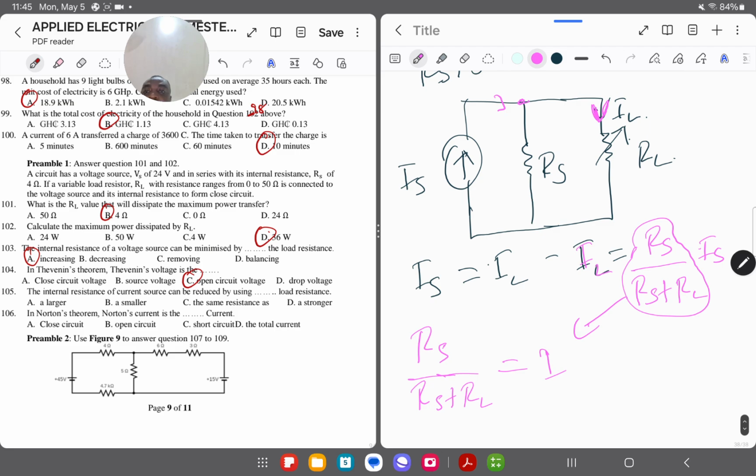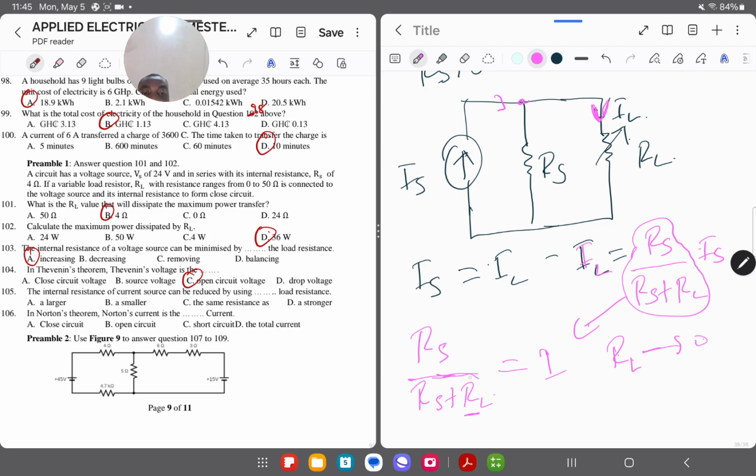So again, I can only vary or change the load. The RS is fixed because it's the internal resistance. So you can see that here, if I want to get 1, I would rather make sure that my RL here is very small, maybe almost approaching 0.